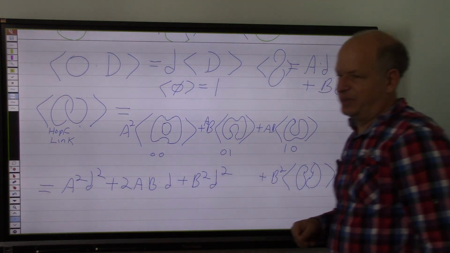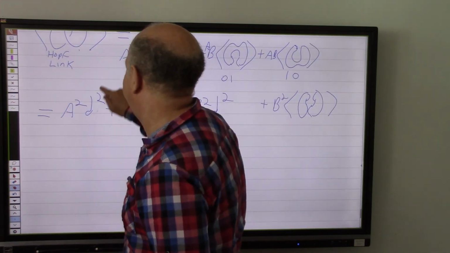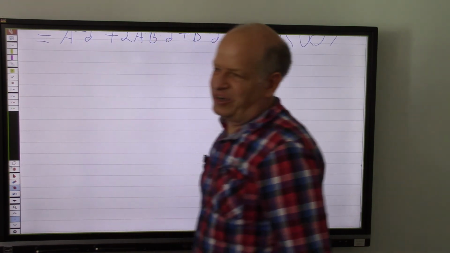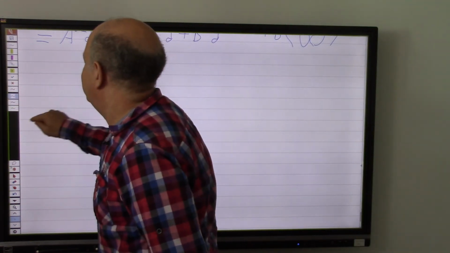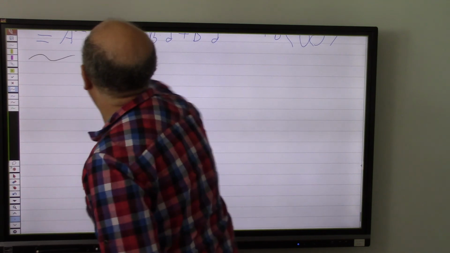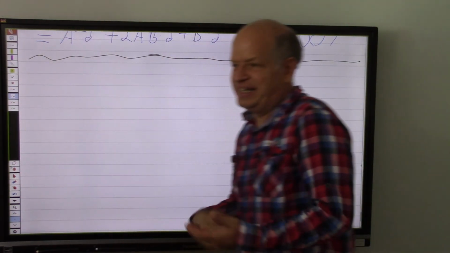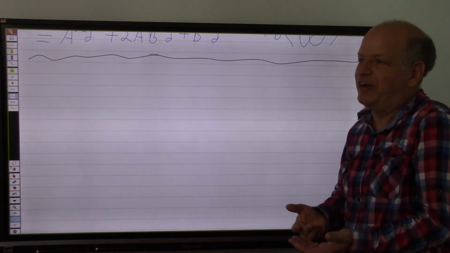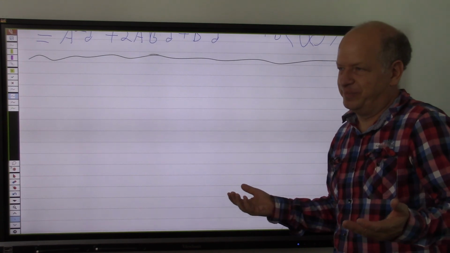Okay, good. So is this an invariant? I've shown you some silly definition with silly computations, but if it's not an invariant, what's the point? So is this an invariant?